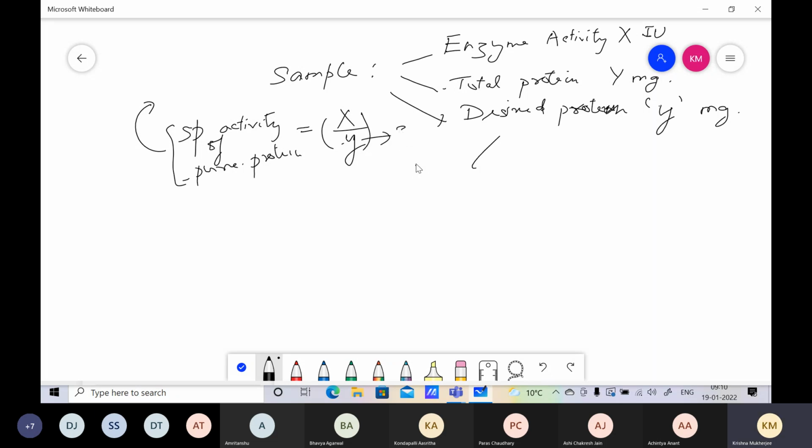Small y can be calculated. No, sir, it is the other way around. y is equal to X upon the specific activity of the protein, which is a fixed number.